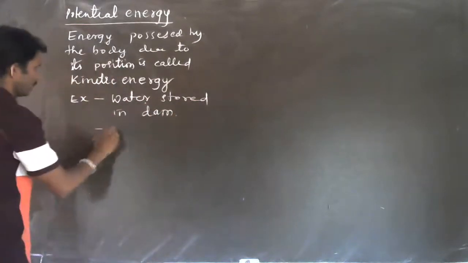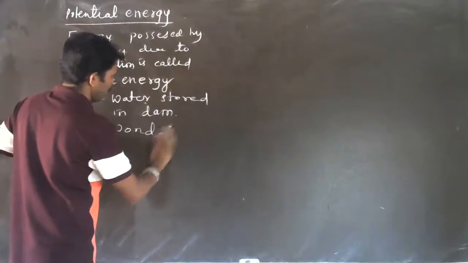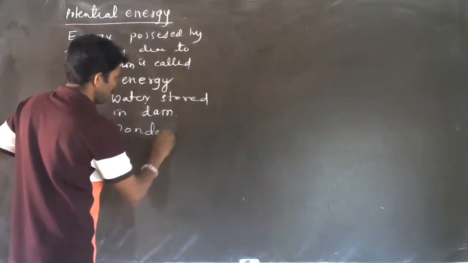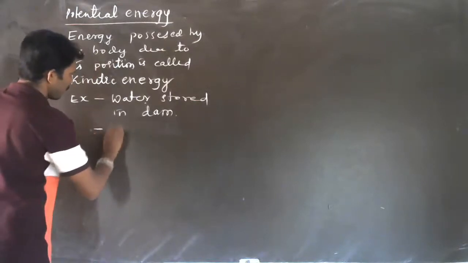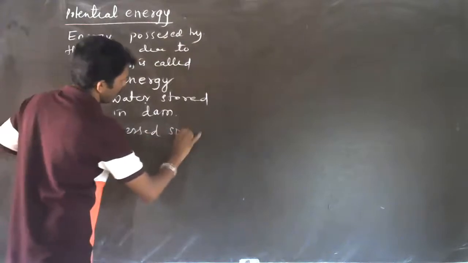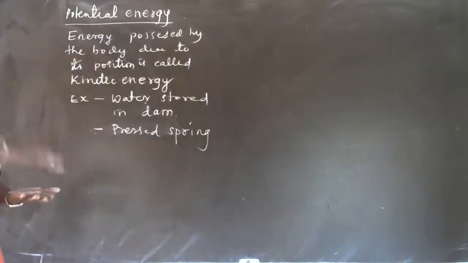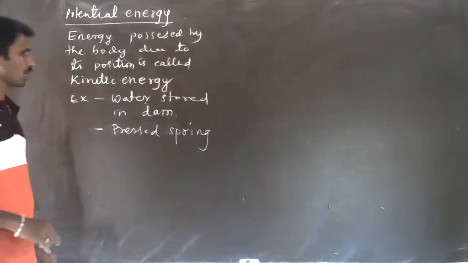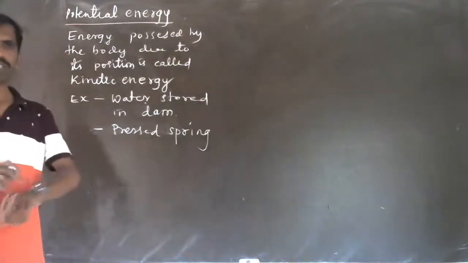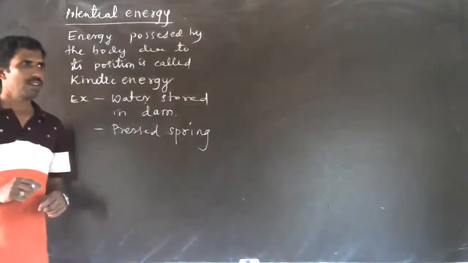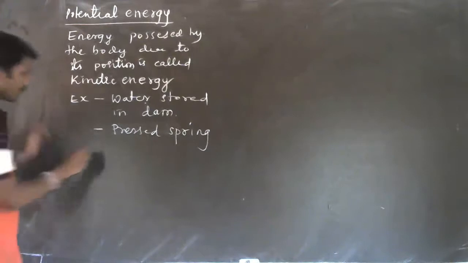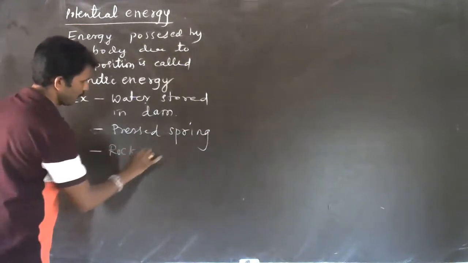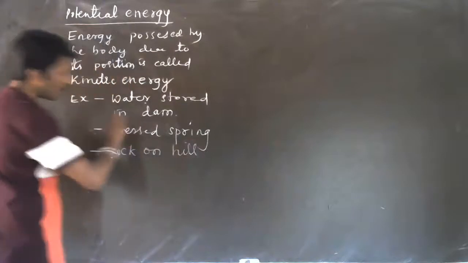A wound spring: when you wind the spring of a wristwatch with its key, it stores energy. Or a rock on a hill will have potential energy.